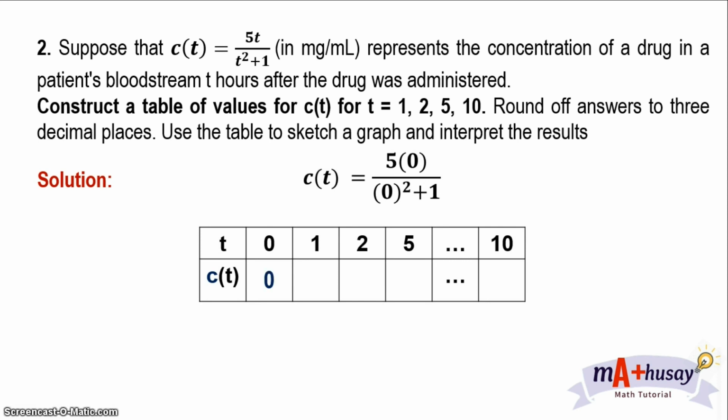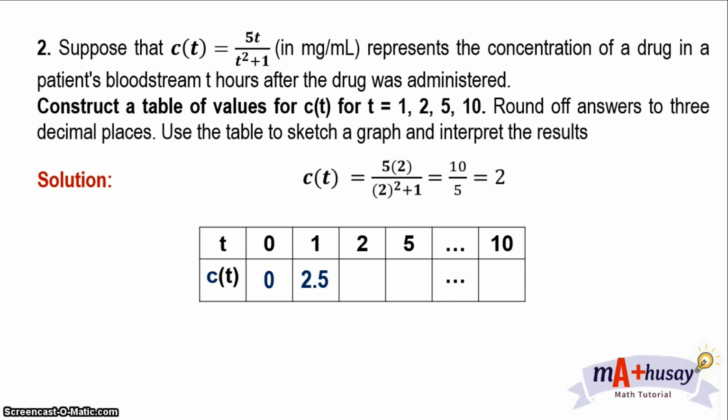Malamang dahil hindi pa na-i-inject yung drug. So, after 1 hour, kung na-inject na yung drug, ang concentration of drug in the patient's bloodstream should be 2.5 milligram per milliliter.